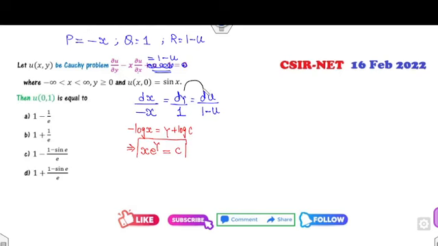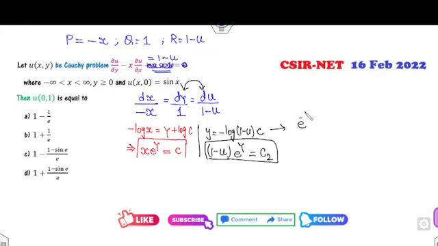You can see I can solve these two parts. What will happen if you integrate them? It is y equals minus log (1 minus u) plus log c, or I can say (1 minus u) over e raised to power y is equal to another constant. Fine, I can say it's e raised to power minus y times (1 minus u) is c, or I can say this is my second constant.